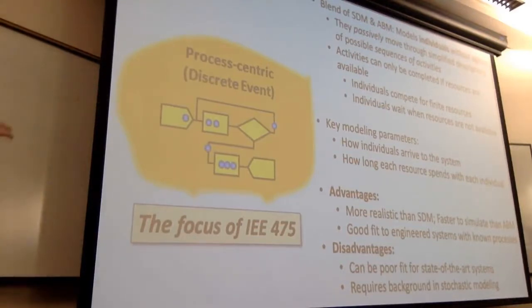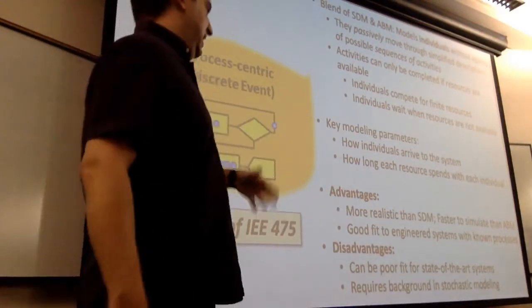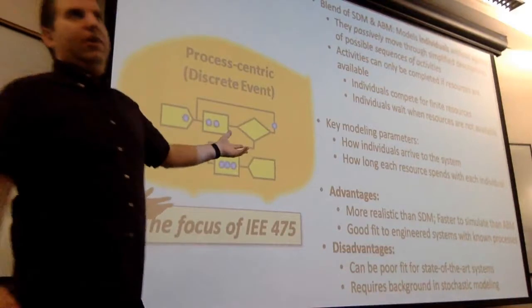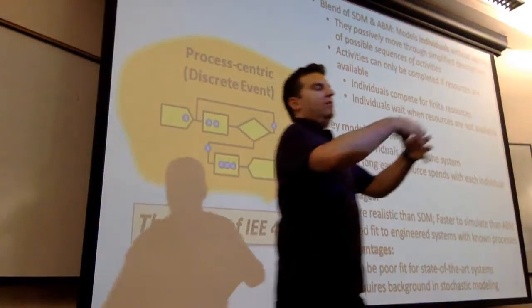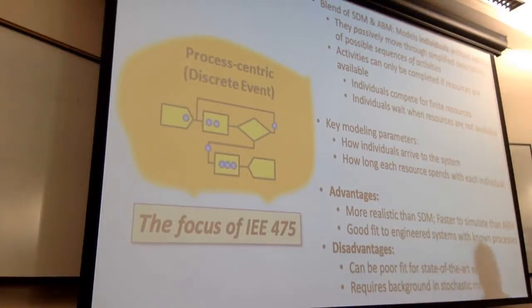Disadvantages are, if you do have some weird state-of-the-art system where you allow things to self-organize, then an agent-based modeling approach might be better. If you're doing some weird nanoscale manufacturing thing where you just dump a bunch of nanorobots into a big pool of resources and let them do what they do, then it might be hard for us to know the exact sequence of events that will go on under the microscope.